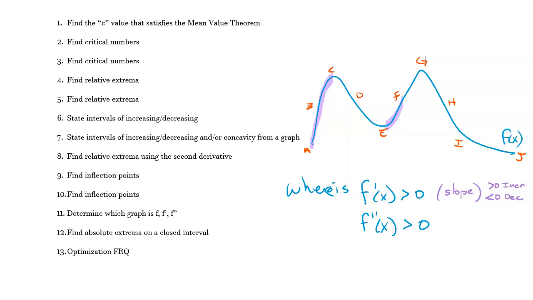Perfect. Anywhere else? Correct. Because C to E is decreasing, G to J is decreasing. So this is the first half of our problem.